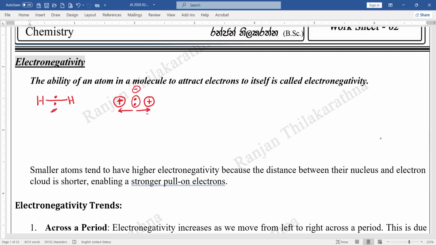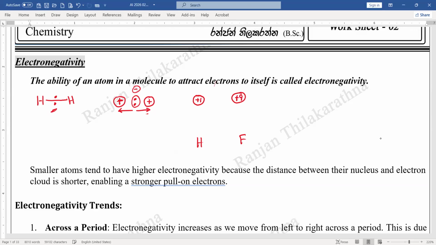But if this hydrogen atom, the charge is +1, is bonded with another atom, say fluorine, hydrogen here, fluorine here. Then the fluorine nucleus has 9 pluses.